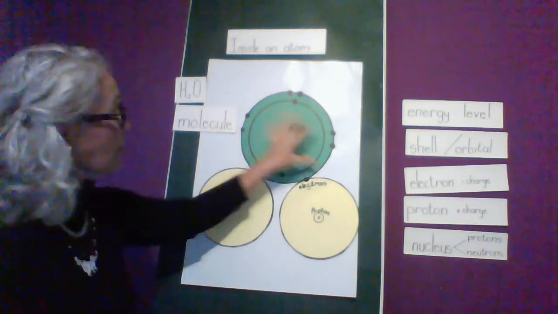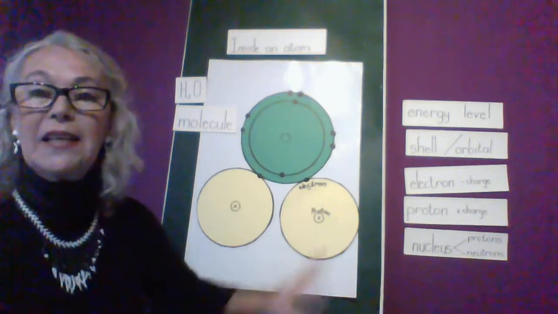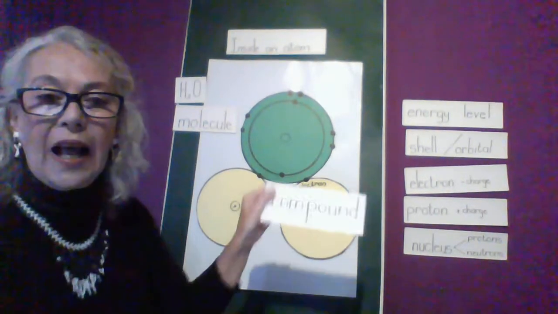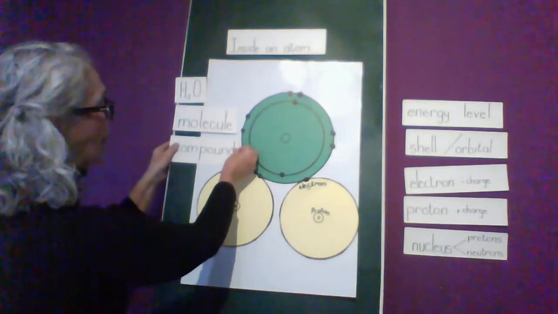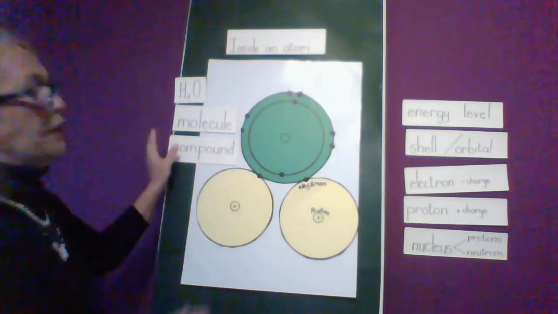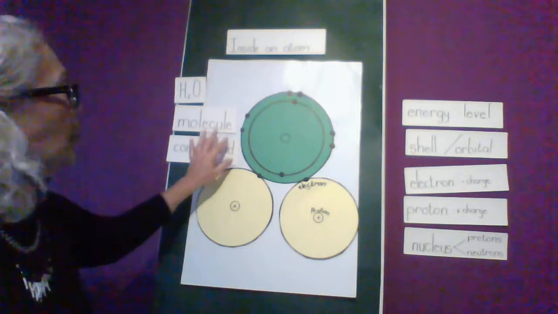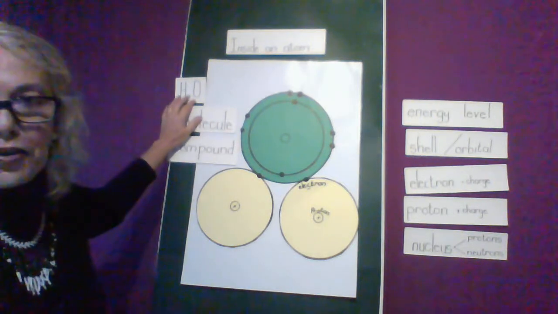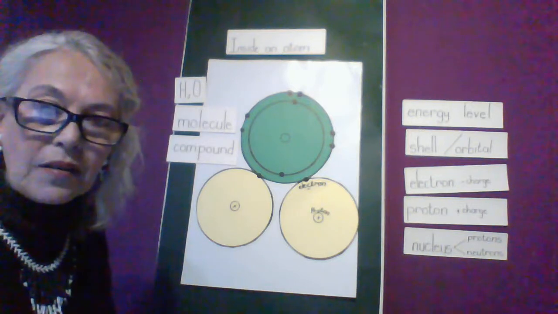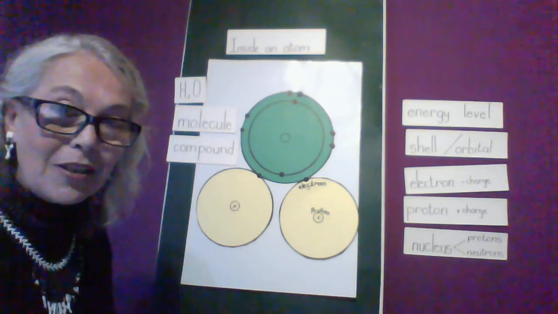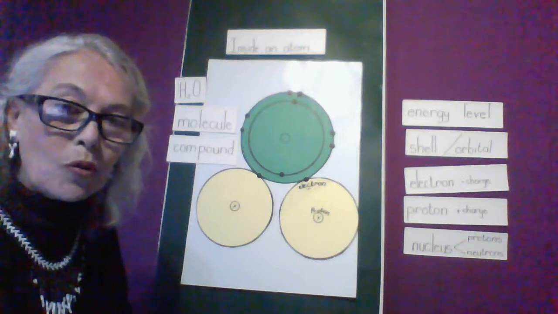This is not an atom. This whole combination that you see here is what we call a compound. So it formed a compound, it formed a molecule, and the compound we have is 2 hydrogen and 1 oxygen. Good.